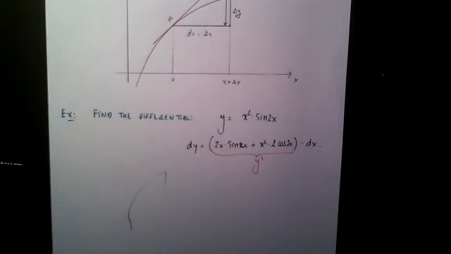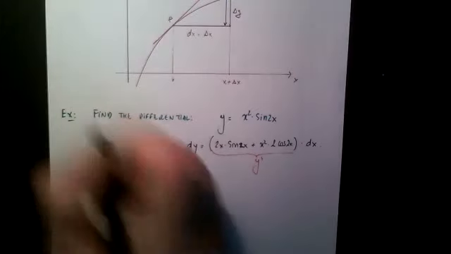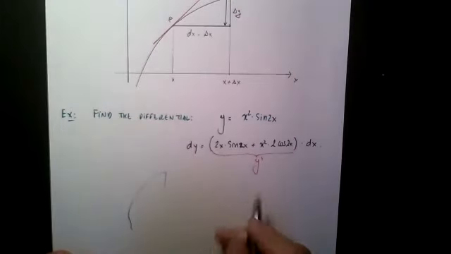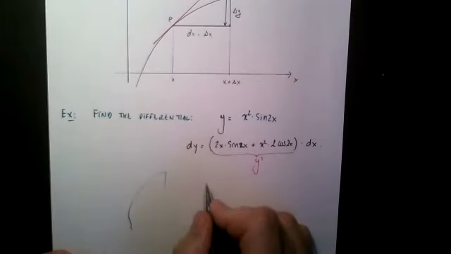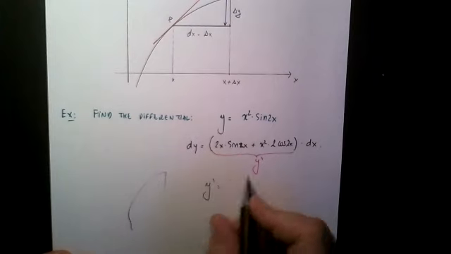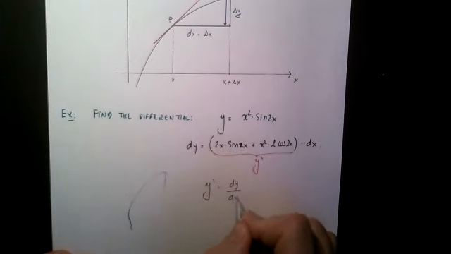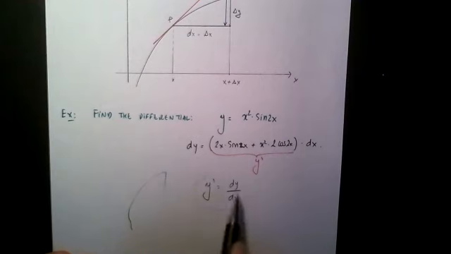Just to make sure, dy over dx is equal to y prime, right? You remember at the beginning of the course, when we started derivatives, I told you there's two notations. We said either y prime or dy/dx. So dy on its own is y prime times dx.